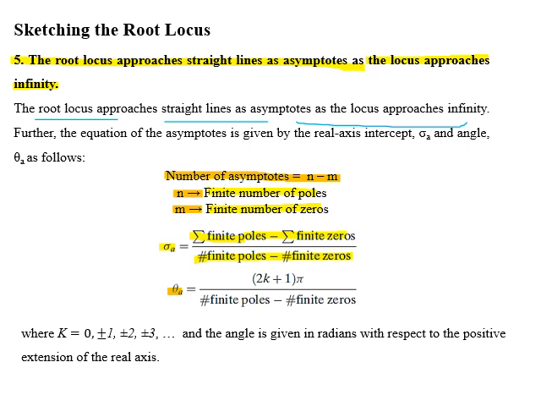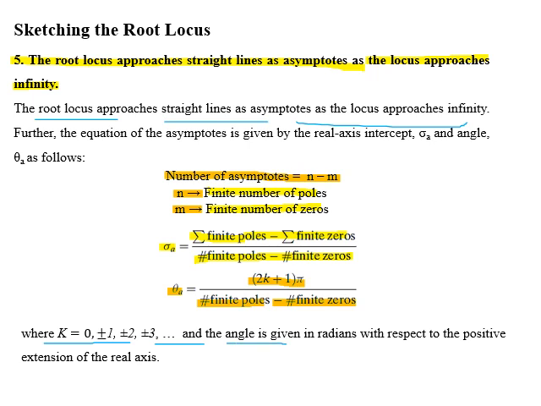Last quantity for asymptotes is the angle of asymptote, through what angle they will originate on the real axis, and this is equal to odd multiple of pi, or odd multiple of 180 degrees, divided by the number of asymptotes.